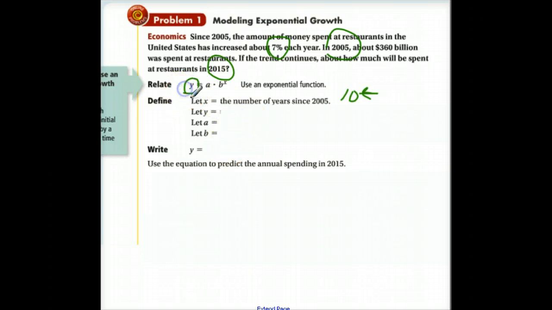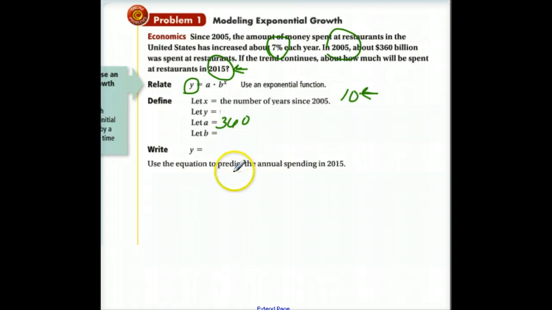So the y will give us how much money in billions is spent as it grows in 2015. The a is the initial amount spent when we first measured, so 2005. So our initial amount was $360 billion.